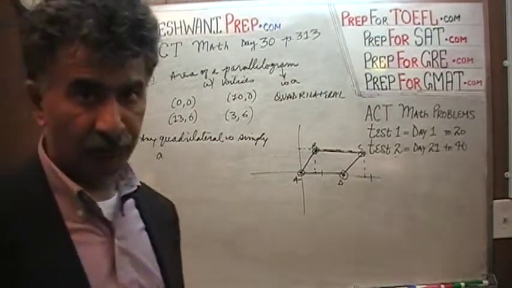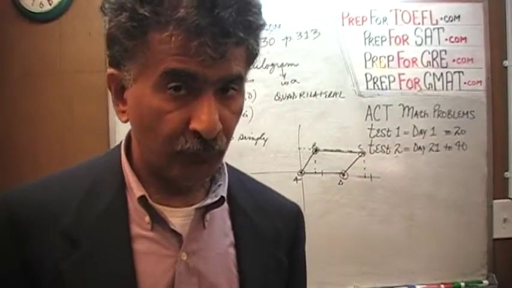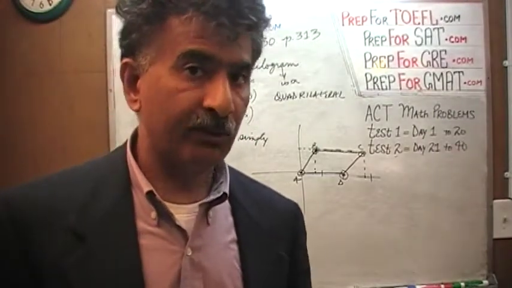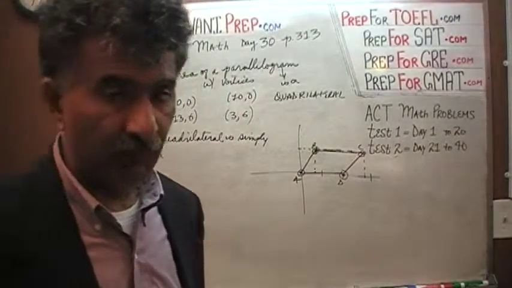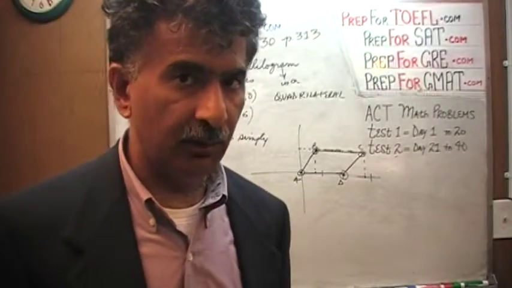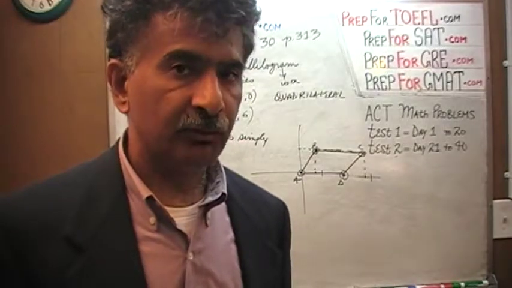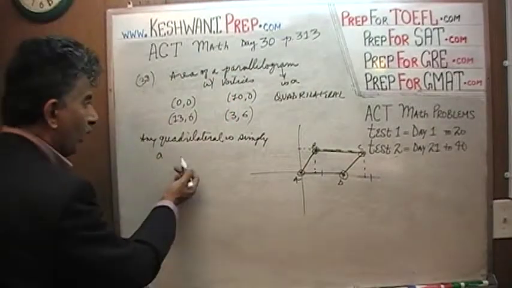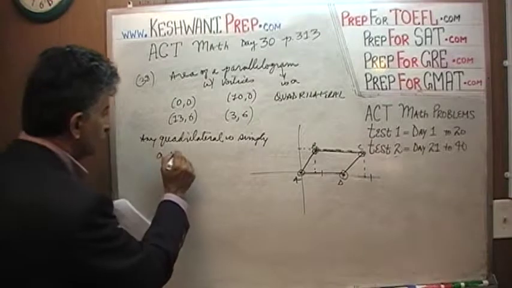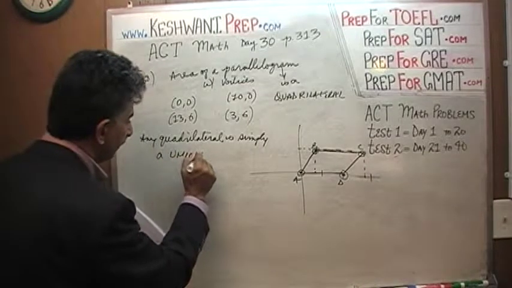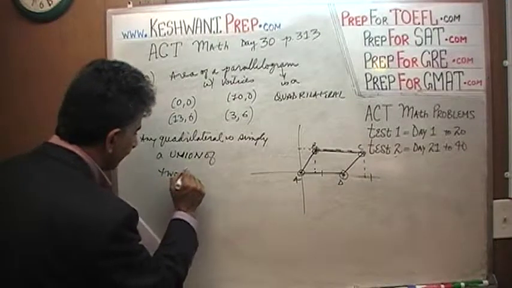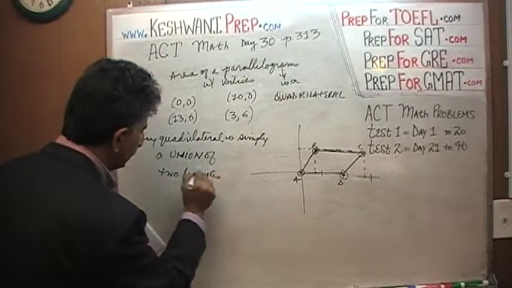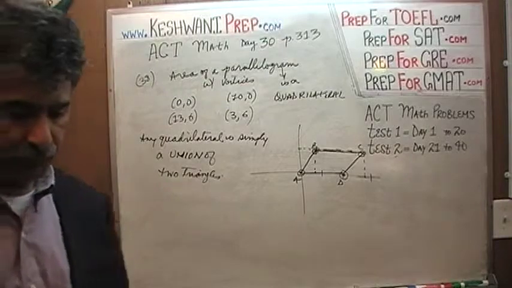A quadrilateral is so called because it is a four-sided picture. If you're interested in finding the area of the quadrilateral, then it helps to realize that a quadrilateral is simply a union of two triangles.